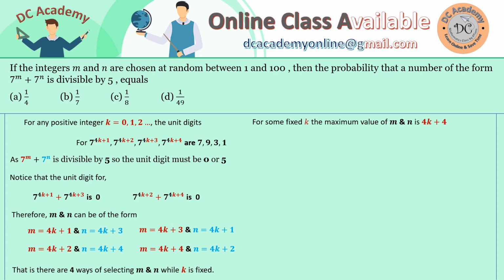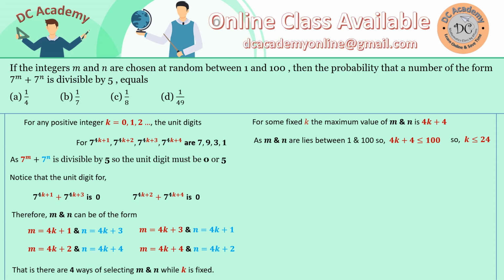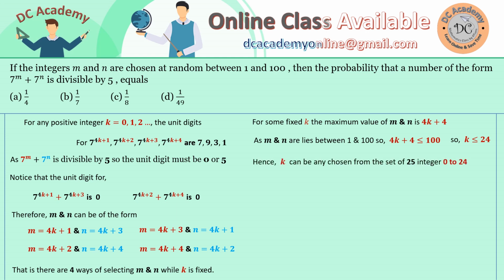Now as m and n lie between 1 to 100, we assume that 4k plus 4 is less than or equal to 100. With basic arithmetic we can say that k is less than or equal to 24. See that 4k is less than or equal to 100 minus 4, which is 96, divided by 4 is 24. So our k values start from 0 and end with 24.